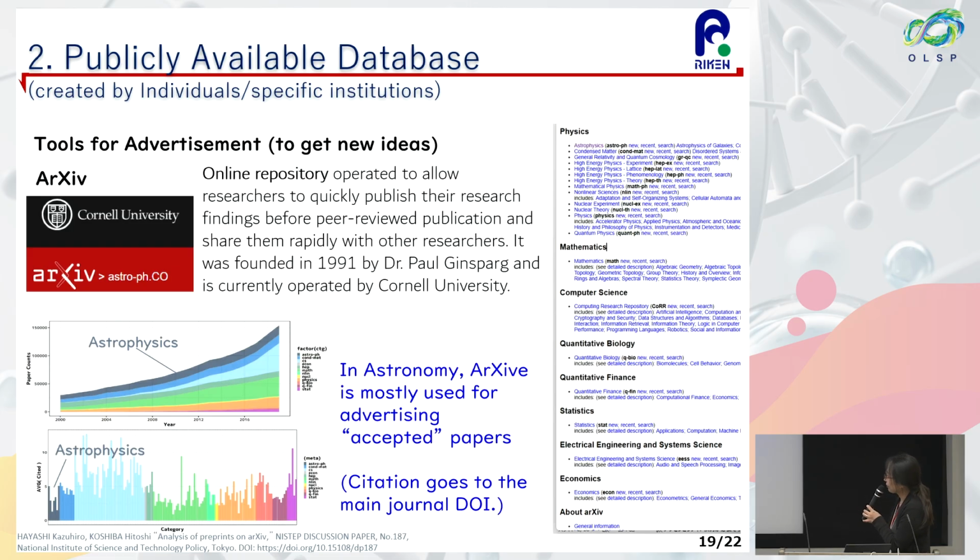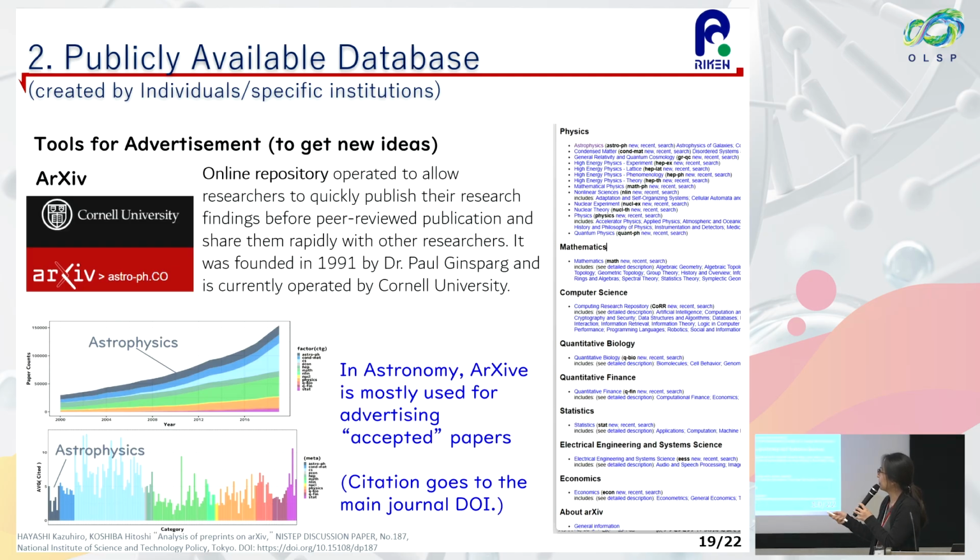Then finally, for the advertisement, maybe you know this site, arXiv. It is not only used in astronomy, but also in many other fields, because this archive system was developed originally by physicists, and astronomy is close to the physics field, so originally we used this archival system.